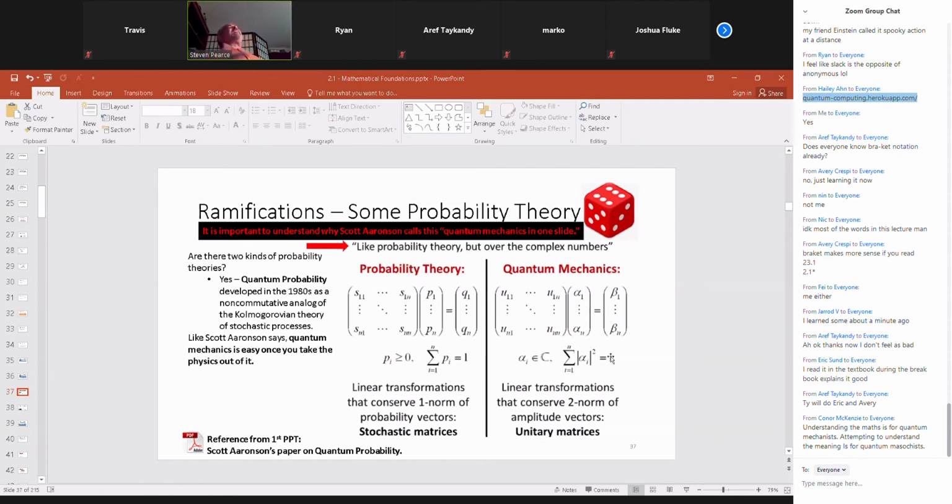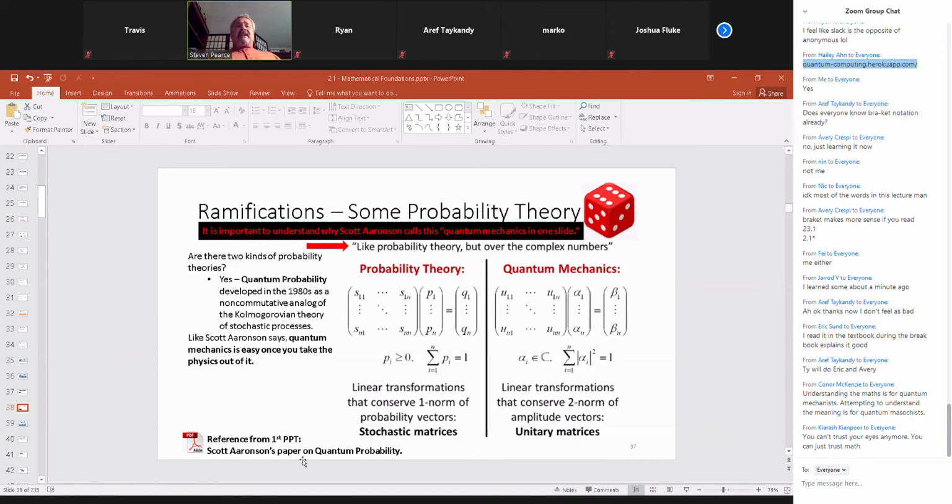What's a norm? That's the metric that you use in your vector space. I'm going to define that shortly. And so here we use a unitary matrix instead of, in classical probability theory, a stochastic matrix. Whew! Well, you can read Scott Aaronson's paper once again for this.